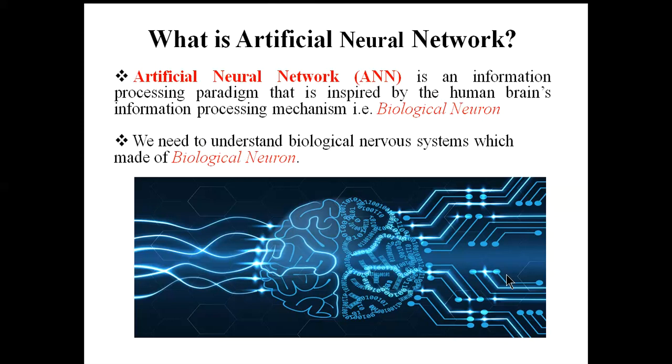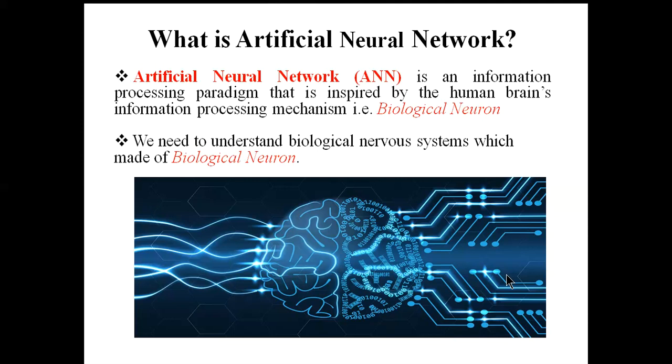To understand what an artificial neural network is, basically we need to know the root of artificial neural network. The artificial neural network is an information processing system or paradigm that is inspired by the human brain's information processing mechanism.